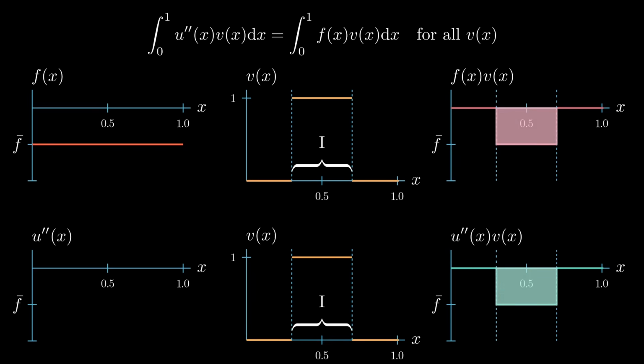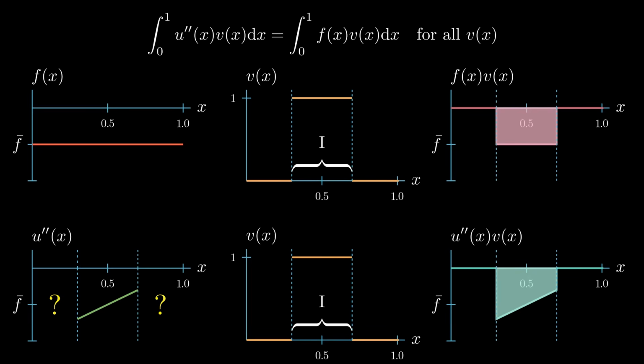We only know that its integral is equal to the integral of f times v. Because v is constantly 1 over the interval I, we know that u double prime and u double prime times v are equal over the interval I. But we do not know how u double prime could look like outside the interval I.